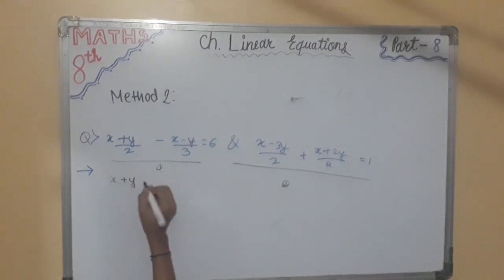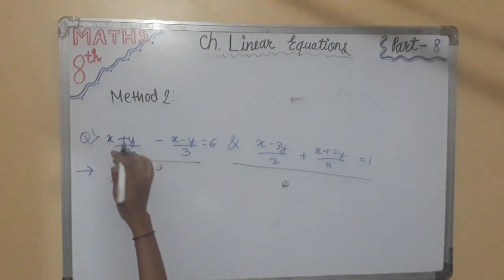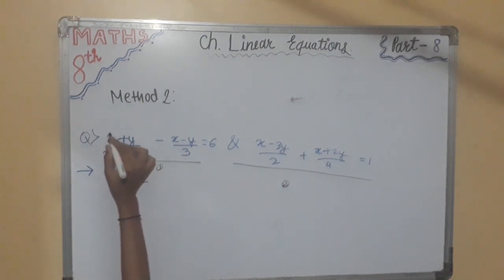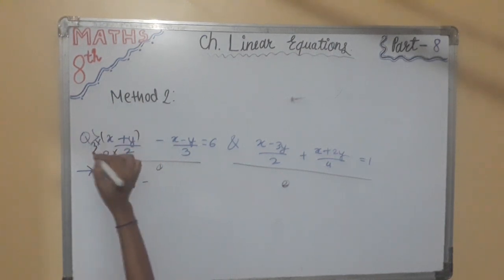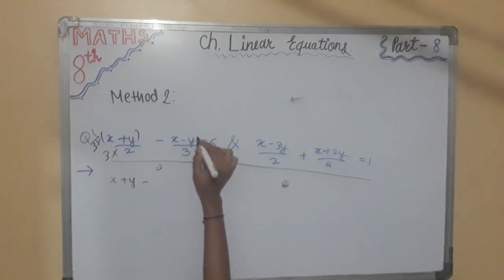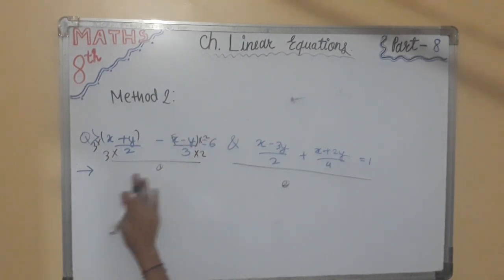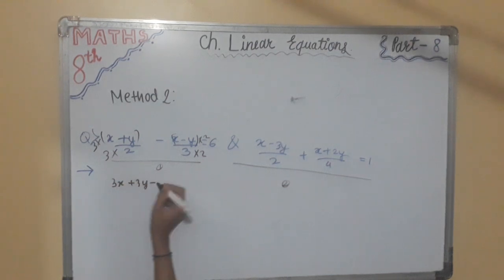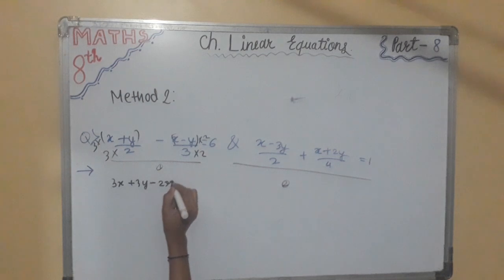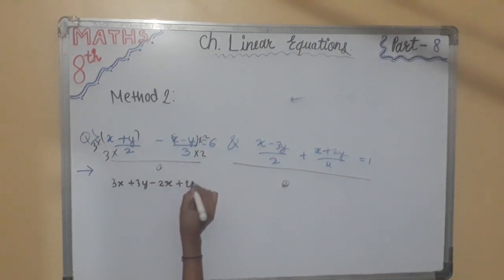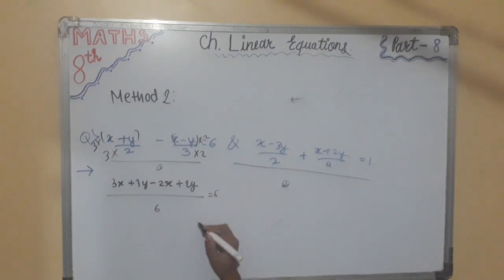In the first equation we'll multiply the whole by 3, and here multiply the whole by 2. So this will become (3x + 3y - 2x + 2y) upon 6 is equal to 6.